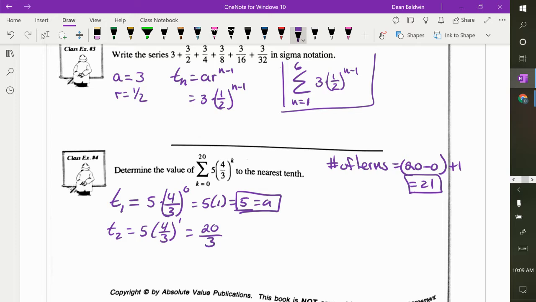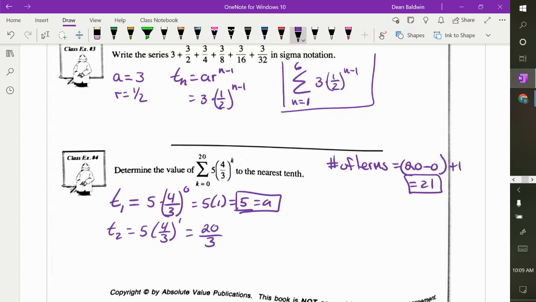If there's only k outside the bracket, we can just say that our value is put inside the bracket. But it's not always going to be like that. You'll see on the next one.